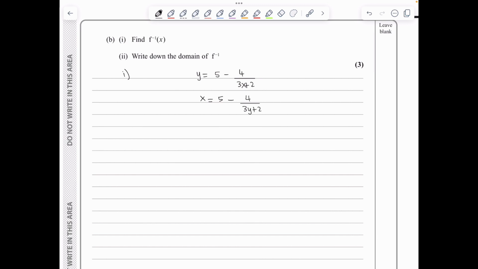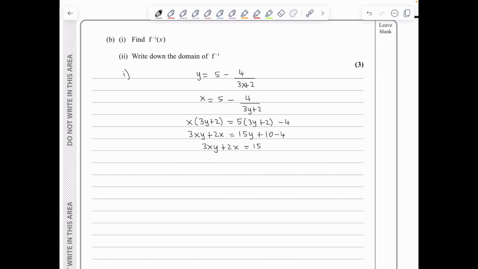I could start by multiplying throughout by 3y plus 2, leading to x brackets 3y plus 2 is 5 brackets 3y plus 2 minus 4. I will expand to get 3xy plus 2x is equal to 15y plus 10 minus 4, which leads to 3xy plus 2x is equal to 15y plus 6.